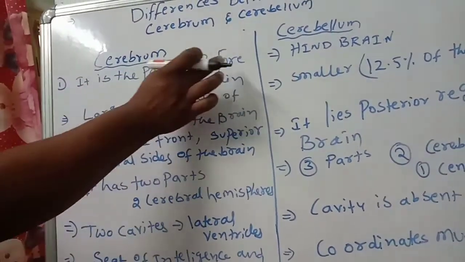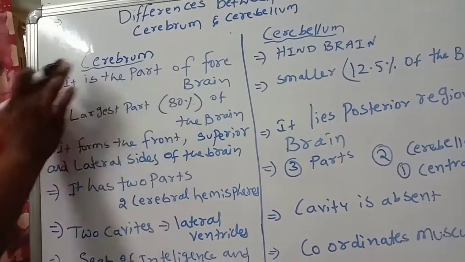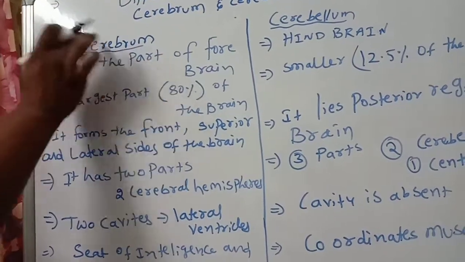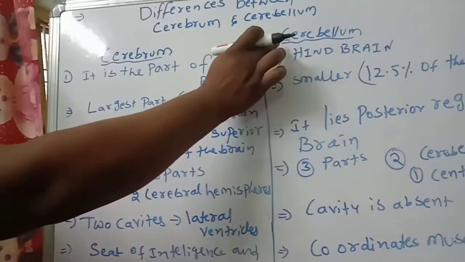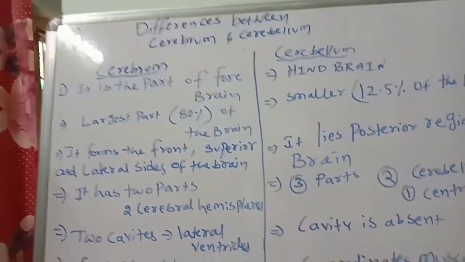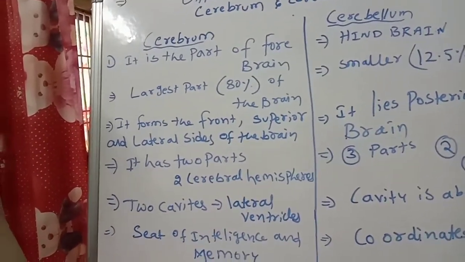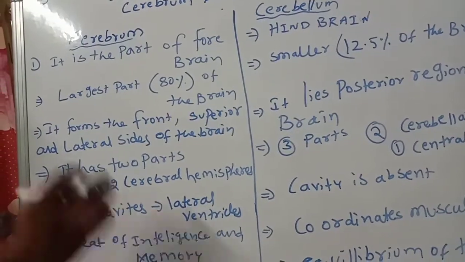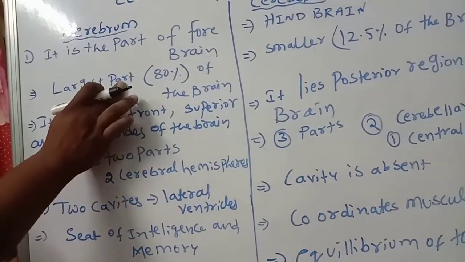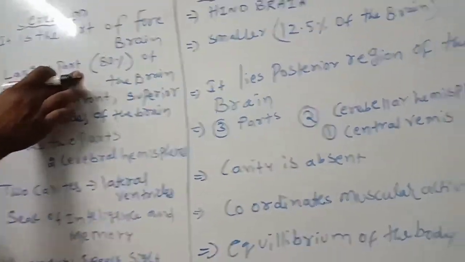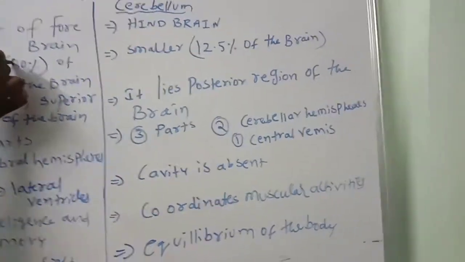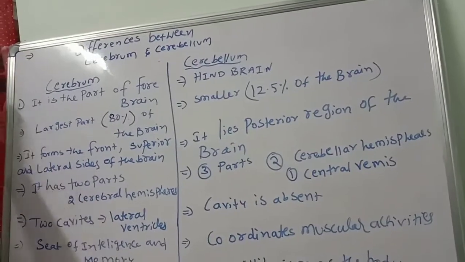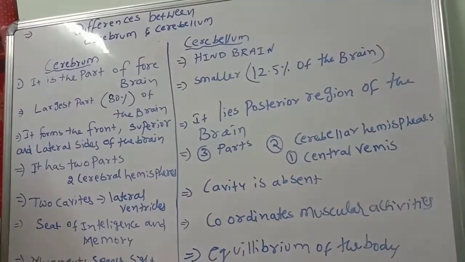The cerebrum is a part of the forebrain. Forebrain means front brain, so the front brain part is the cerebrum. The cerebellum is a part of the hindbrain. The cerebrum is the largest part of the brain: 80% of the space is the cerebrum.